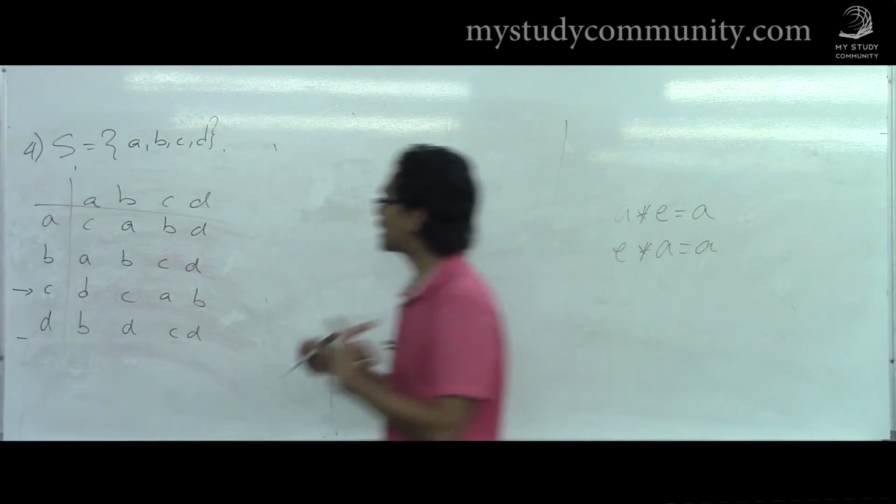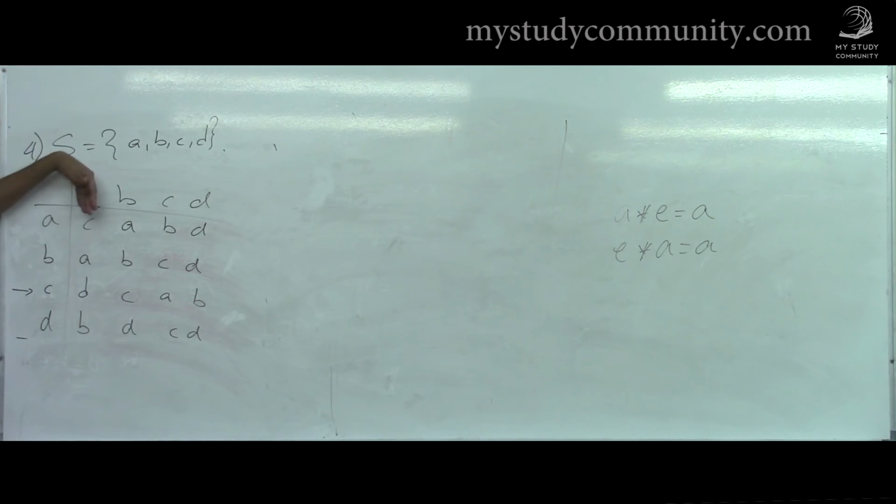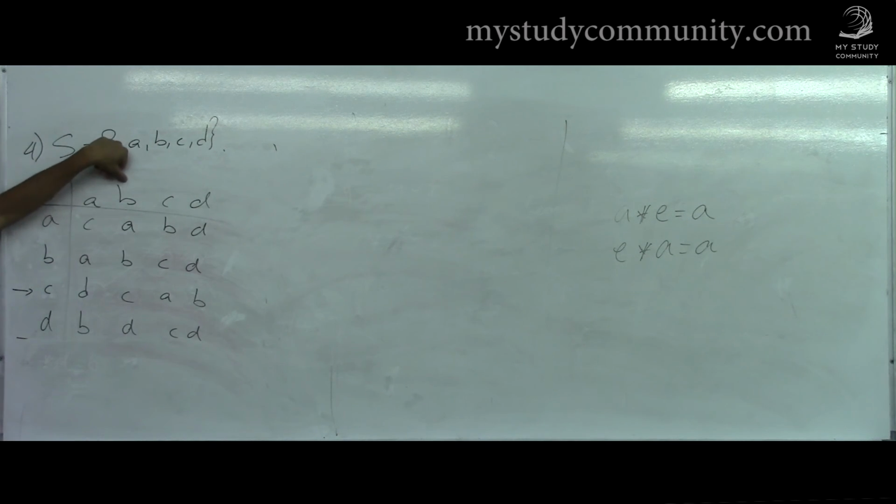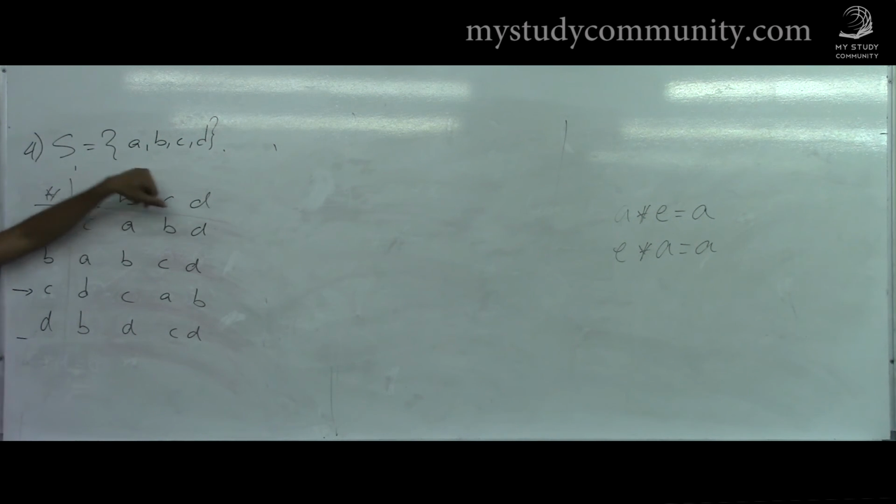So if A were the identity element, then A star A should be A, A star B should be B, A star C would be C, and A star D should be D. So in other words, this row would have been repeated here, yes? But it was not, so A is not the identity.